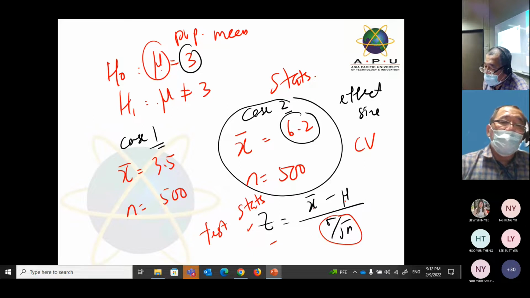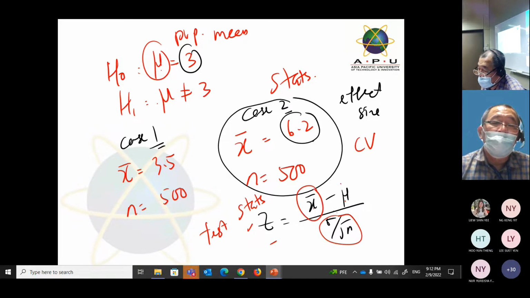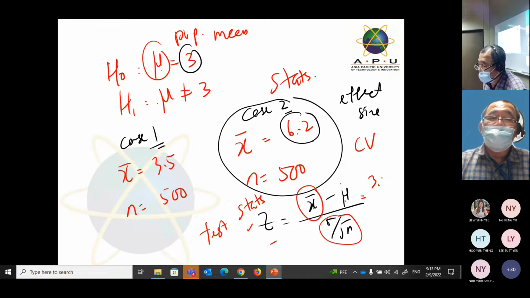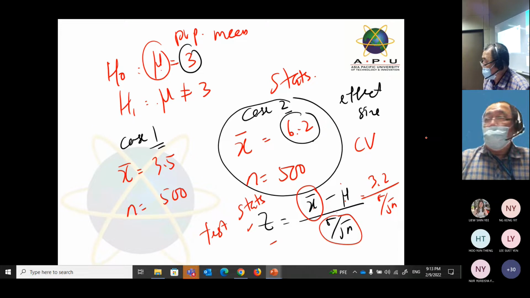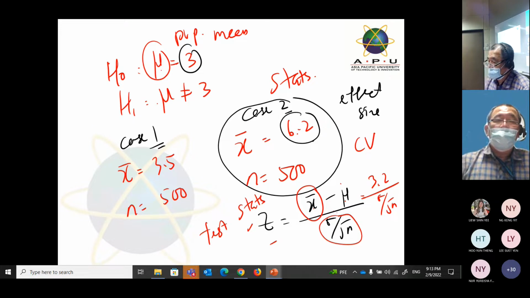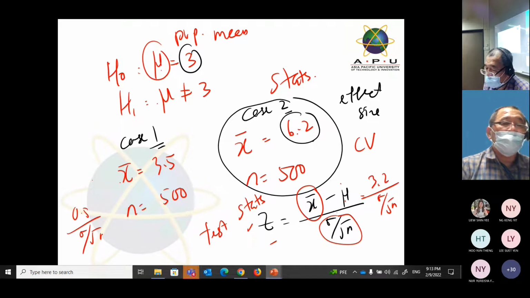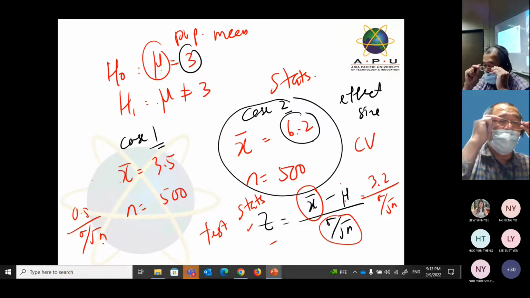Therefore, the difference is only the x bar. For case 2, x bar is 6.2. 6.2 minus 3, we get 3.2. But for case 1, we get 0.5 over sigma over square root of n.